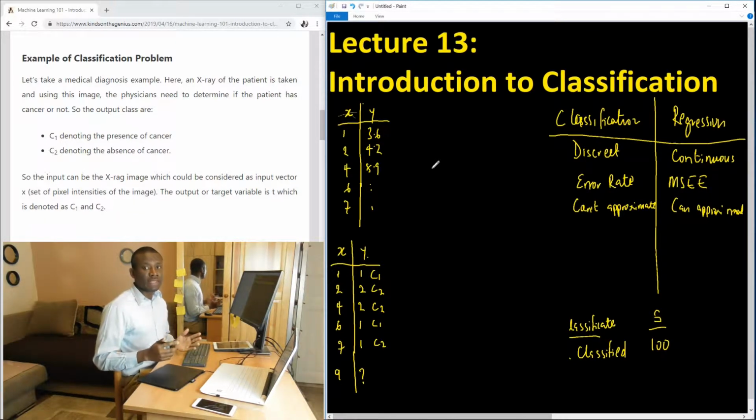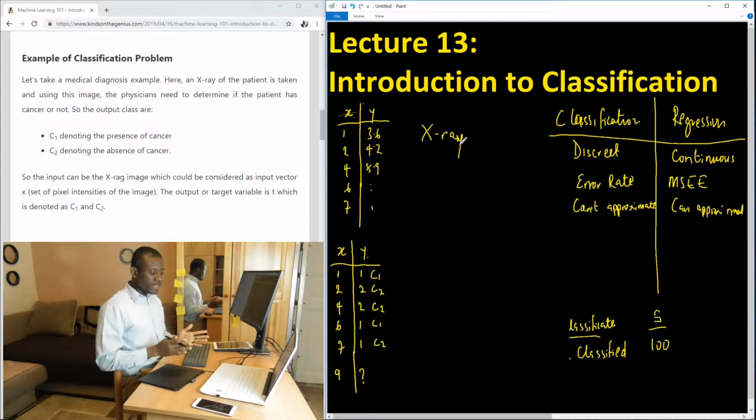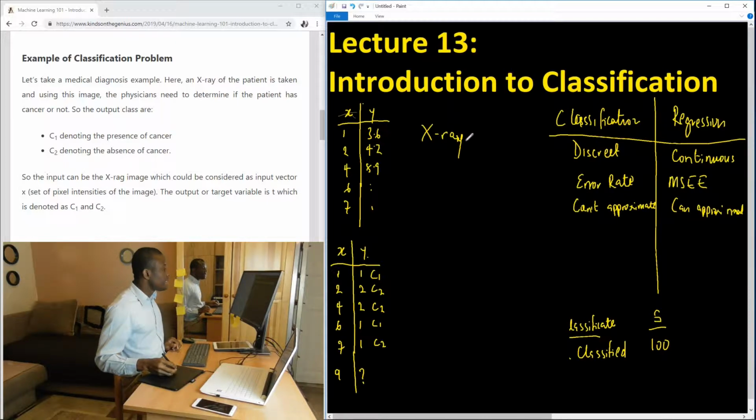For example, one of the tests they do is an X-ray test. Based on this X-ray, they can classify the patient as having cancer or not having cancer. Although in real life in the hospital, they do X-ray and other things, not just X-ray. So the patient's X-ray comes out and we have it as an X-ray image.